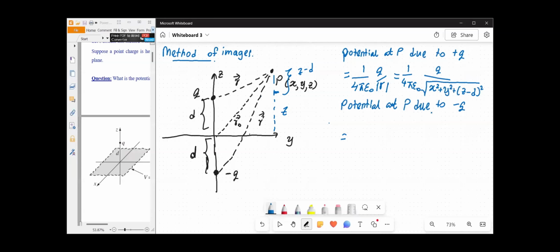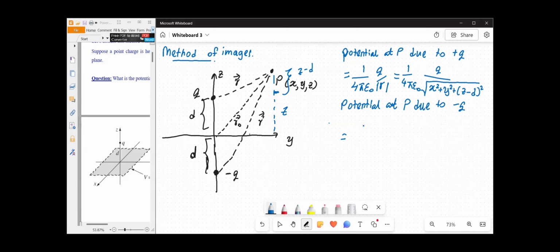Then potential at point P due to minus Q. So we need to consider this R prime vector. So x and y are just x and y, but for z, for this vector, from here to here, it is z plus d.